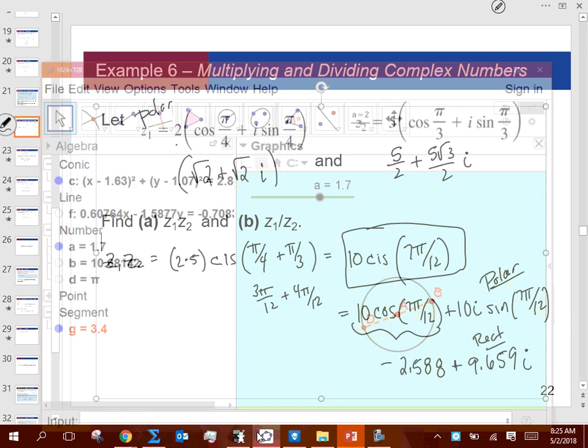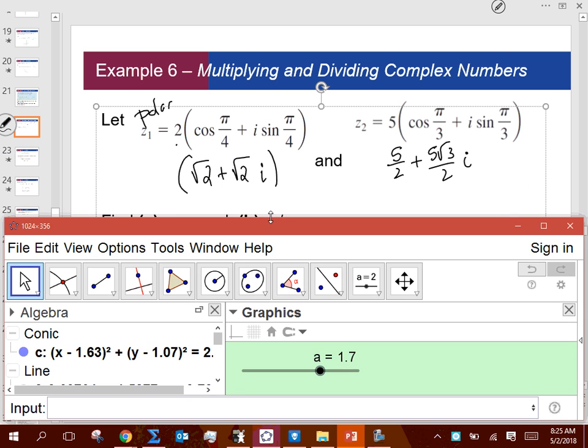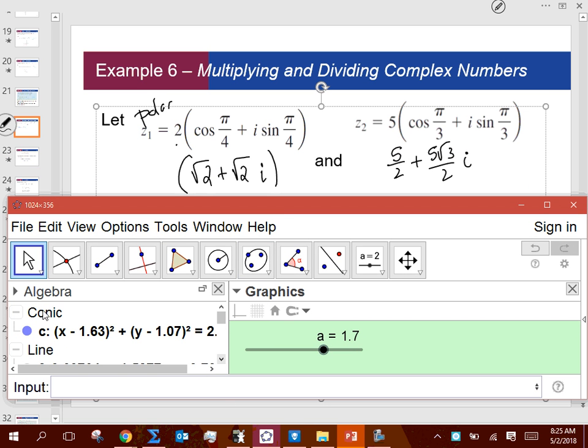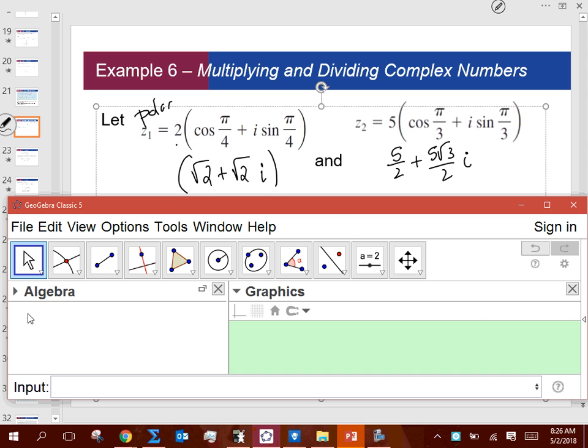Okay. If we use our calculator here, I think this will do it. Just clean everything up here real quick. If I take square root of 2 plus i times square root of 2, multiply that by 5 halves, so I'm just going to write it as a decimal, 2.5, plus i times 5 square root of 3.